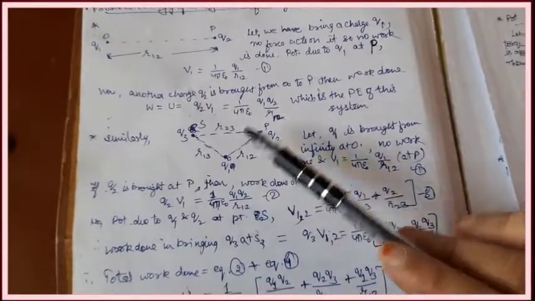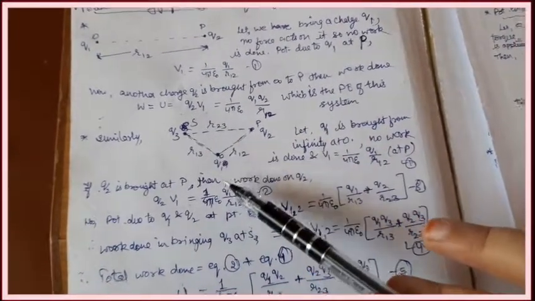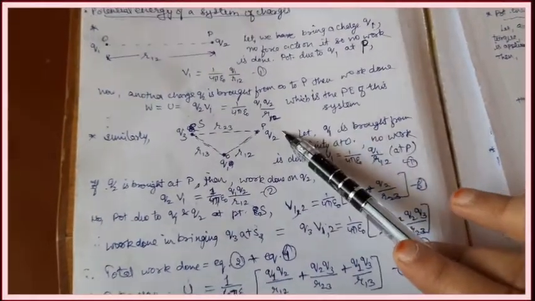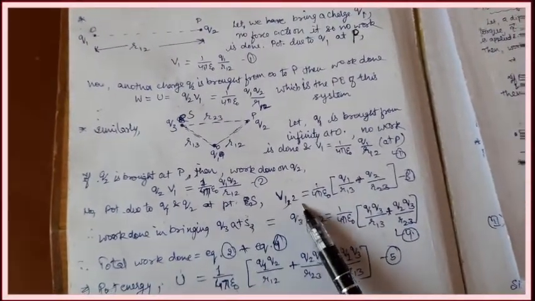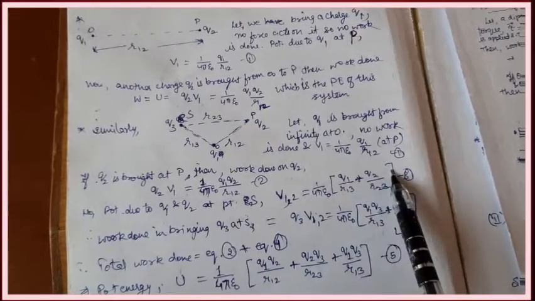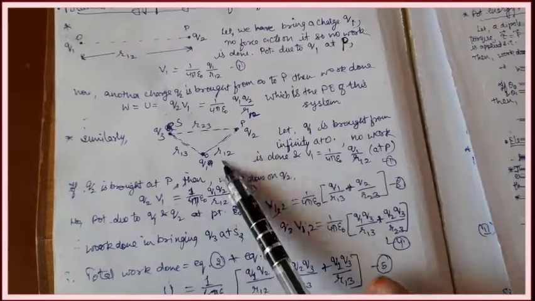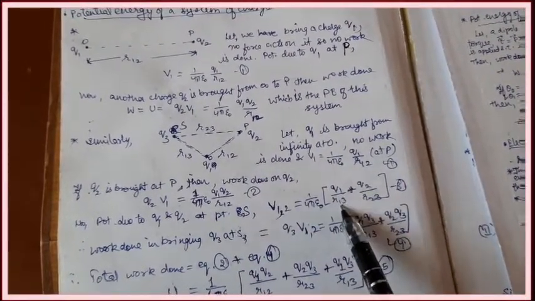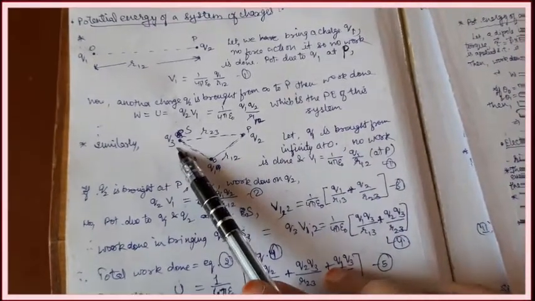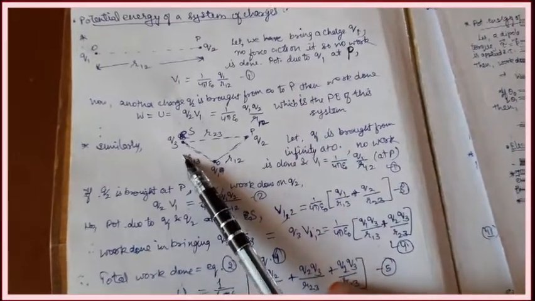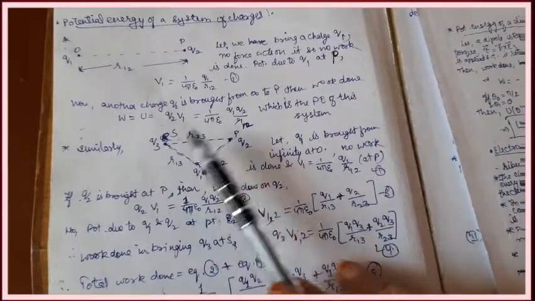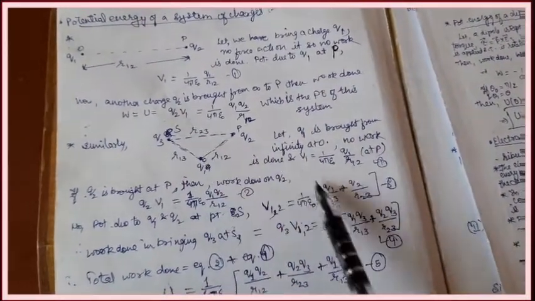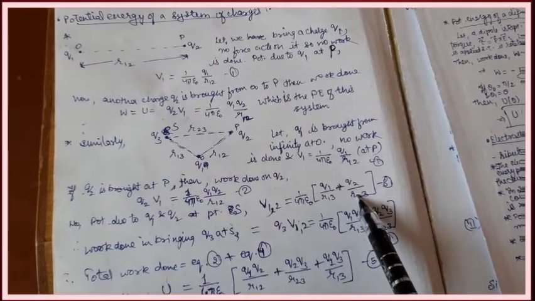Now there will be potential at S due to both q1 and q2. The potential will be the sum of the potentials due to each. Due to q1 it will be 1 upon 4 pi epsilon q1 by r13, because we are determining the potential at point S, so the distance of point S has to be taken. Similarly, potential at S due to q2 will be 1 upon 4 pi epsilon q2 by r23, which is the respective distance.